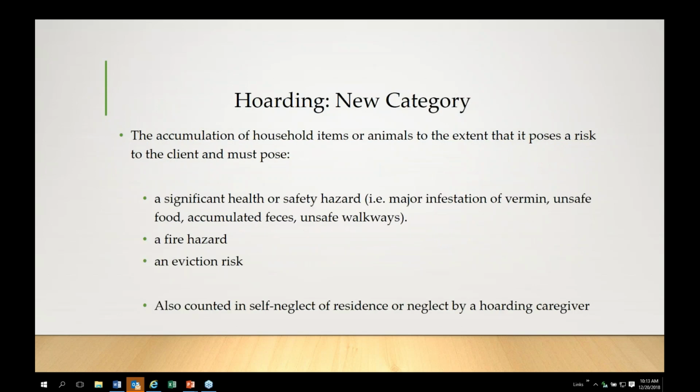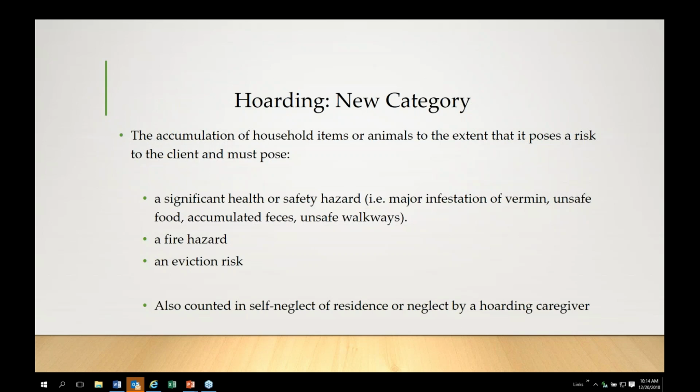Okay, hoarding is a brand new category, and we're defining it as the accumulation of household items and animals to the extent it poses a threat to the client, and it must be either a health and safety hazard, a fire hazard, or an eviction risk. And this includes whether the hoarding is by the person themselves or by their caregivers.